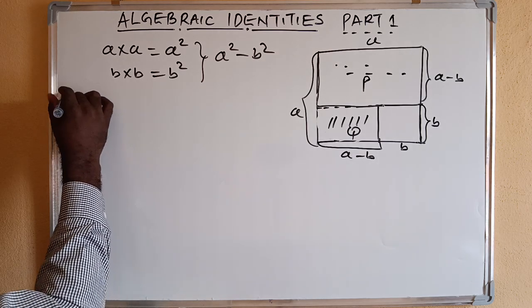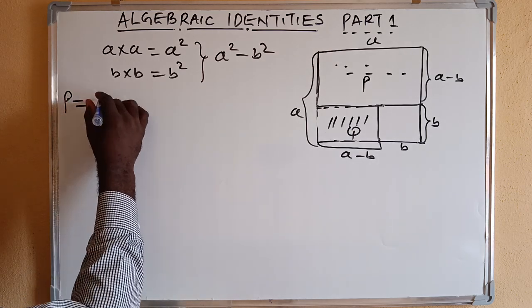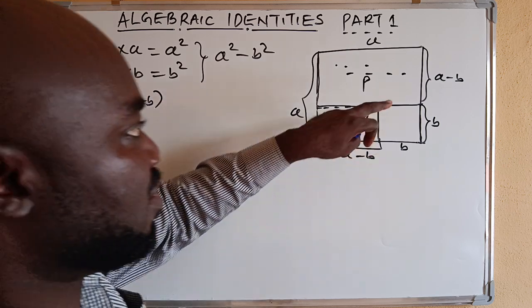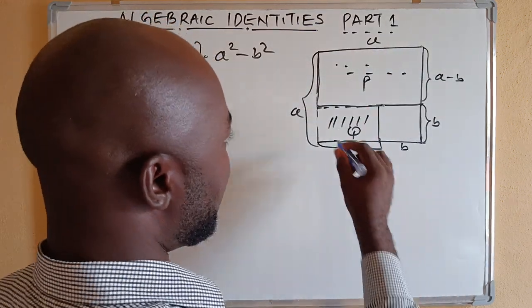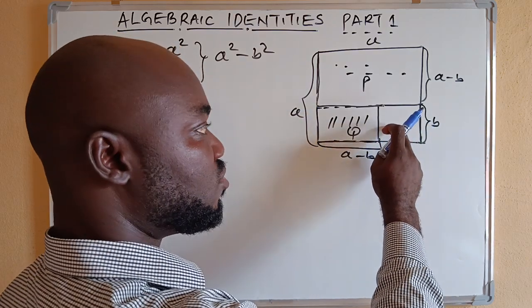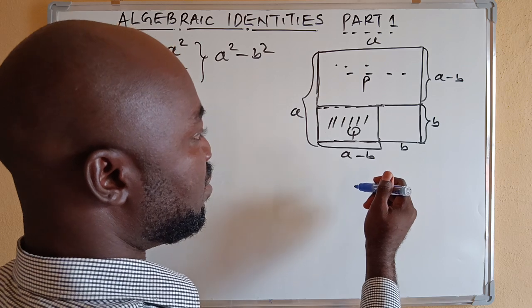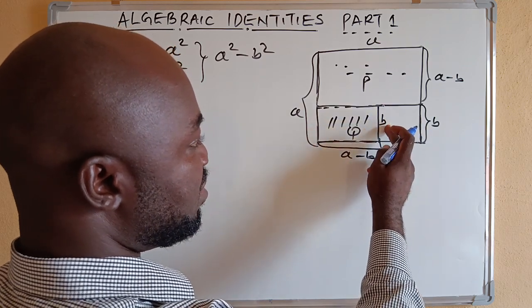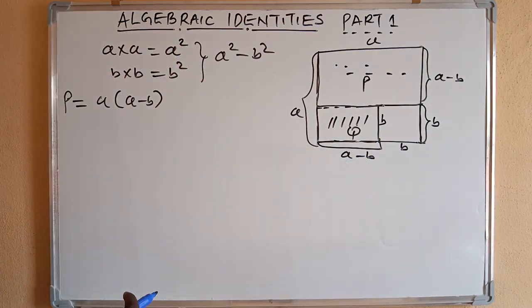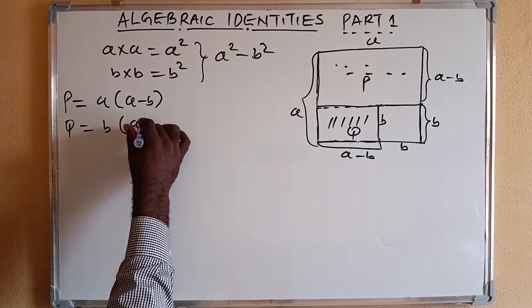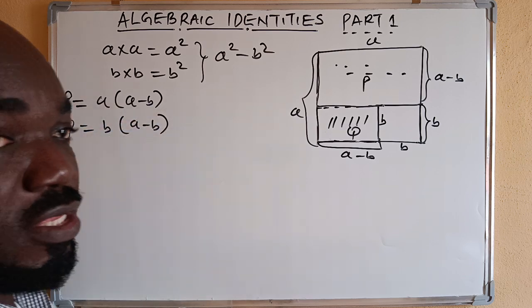So the area of P is A bracket A minus B. And this other small rectangle attached to this square, this is still B, will be B times A minus B. So my Q will be B bracket A minus B.